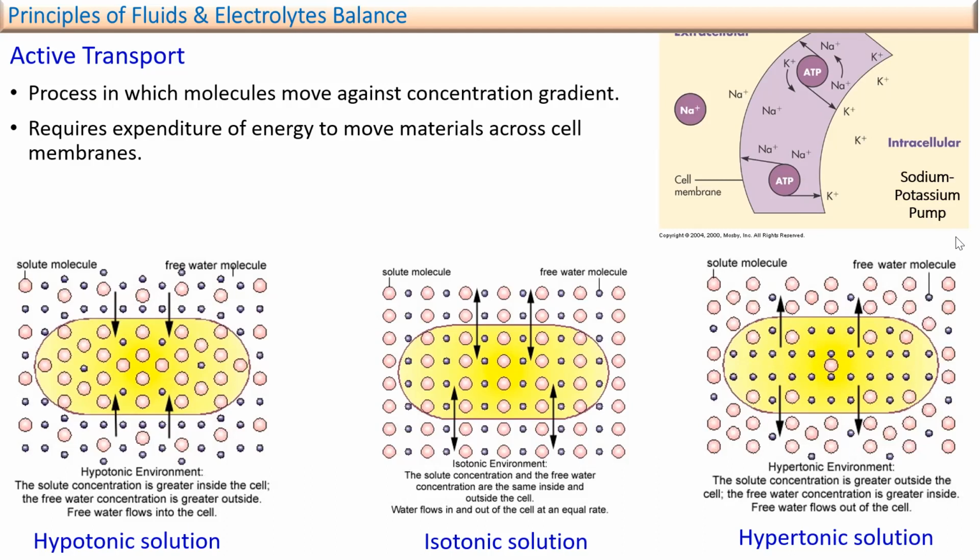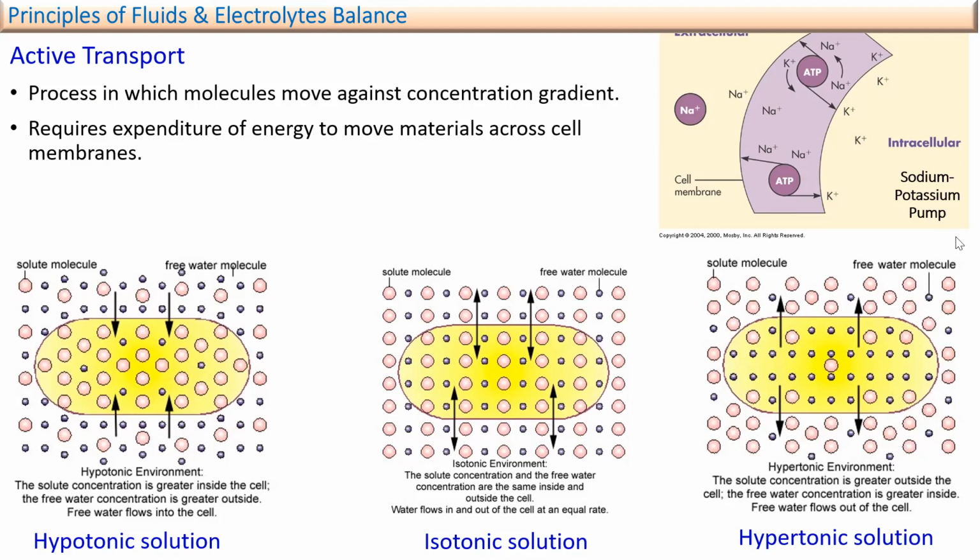The water moves because we have more concentration inside the cells than outside. To reach that balance, that homeostasis, and make both compartments, inside the cells and outside the cells, the same concentration, water has to move inside the cells. So that's the hypotonic solution.